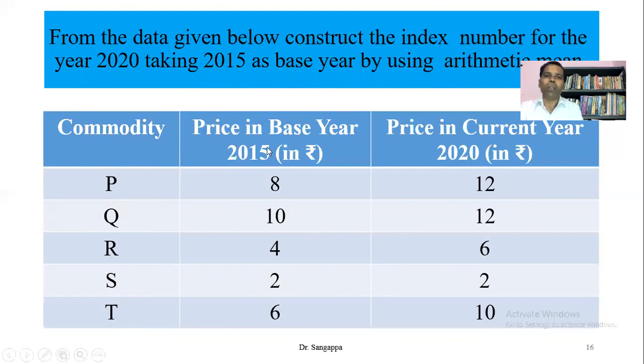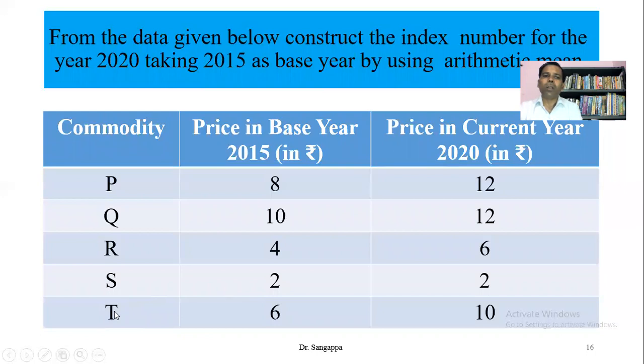The second column shows the prices of the commodities in the base year, 2015. The price of commodity P in the base year is rupees 8, commodity Q is 10, R commodity is 4 rupees, and S commodity is 2 rupees.